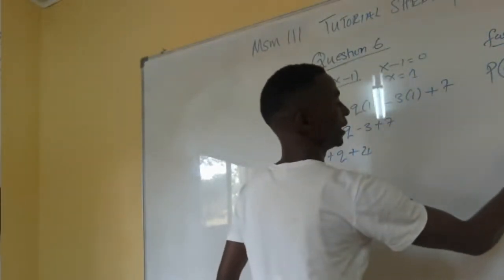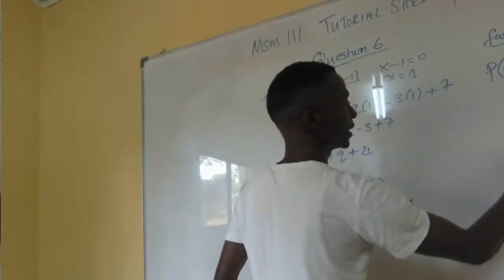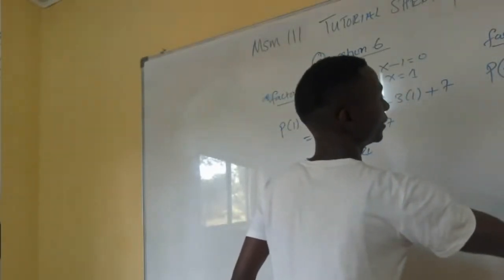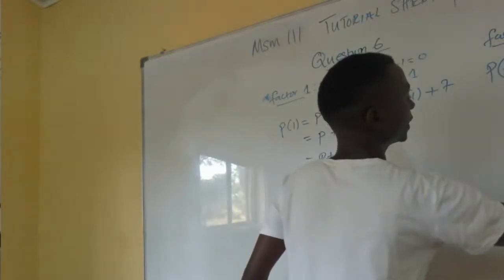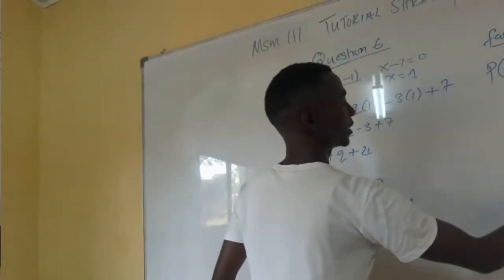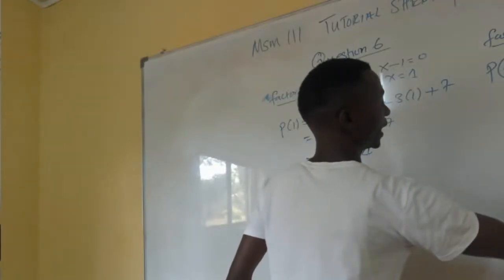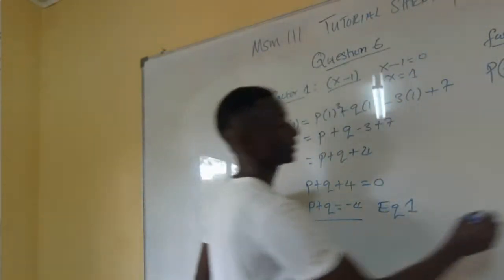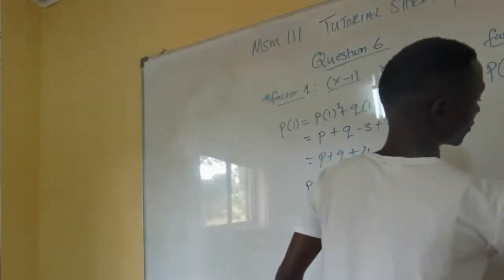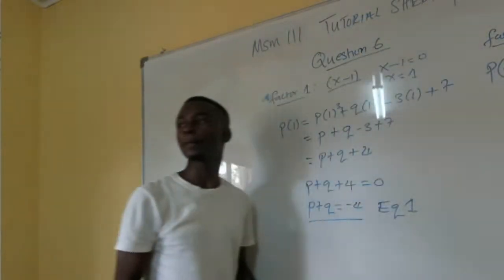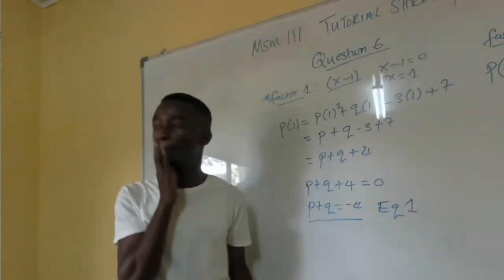So our second equation is negative p plus q plus 10, we equate this to 0. So we're moving, negative p plus q equal to negative 10. So that's our second equation, EQ2.